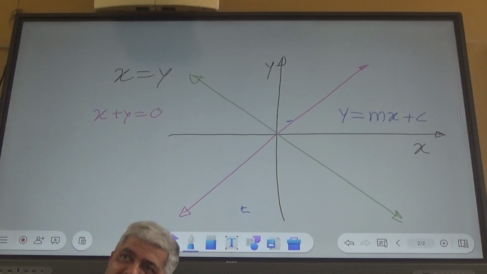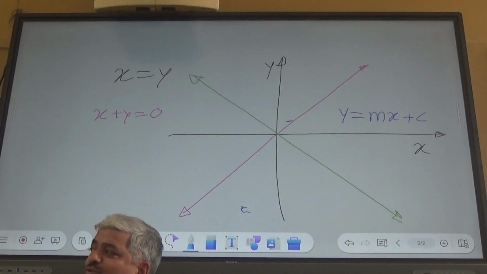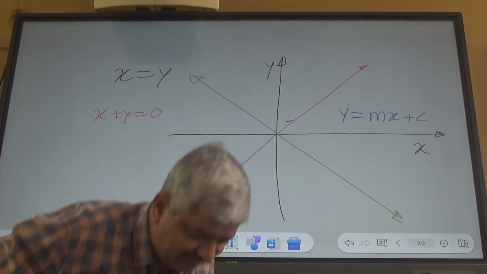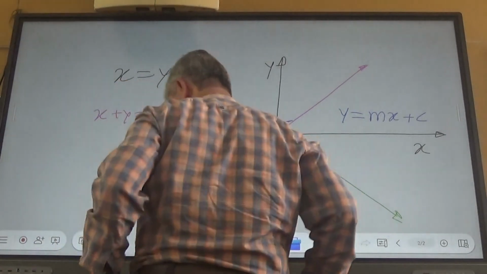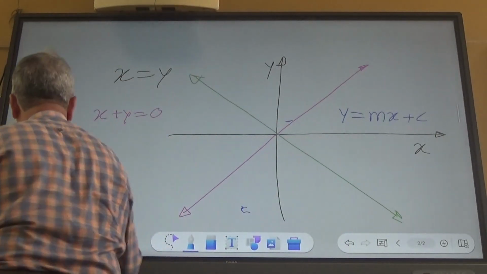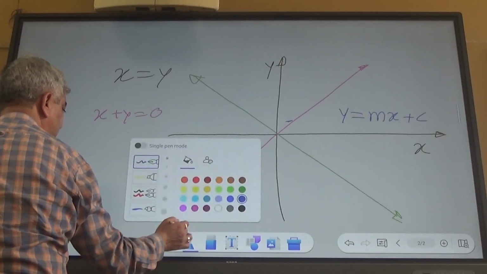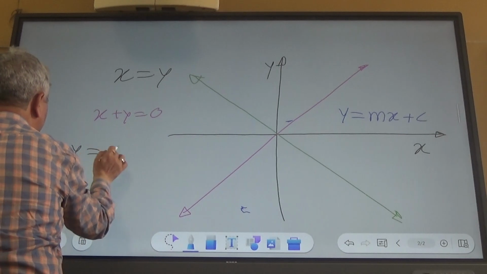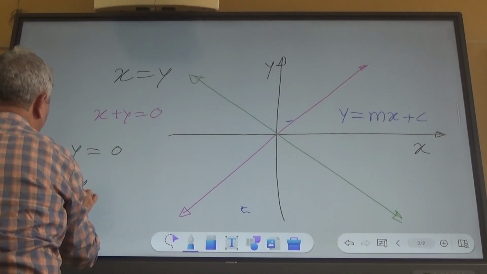So x plus y equal to 0 and x equal to y are two equations. Which line do they represent? Can we try to go further? x plus y equal to 0 and x equal to y.